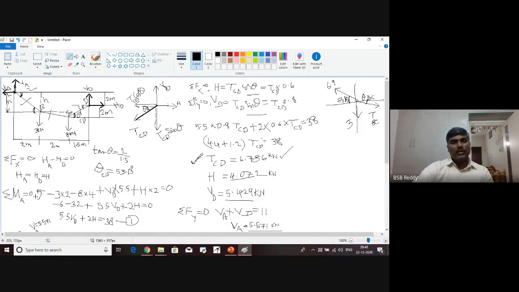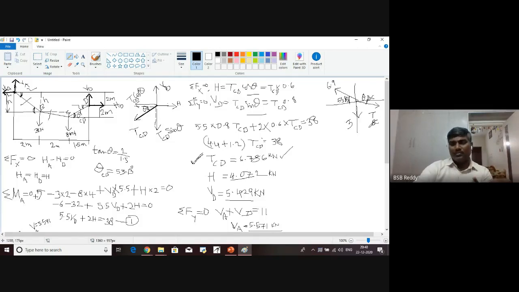If you can get this height, then only you can find it, because you know this is 2 meters distance between BC. So we are not able to do it by the geometry.